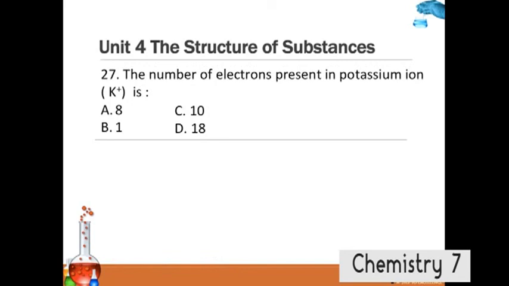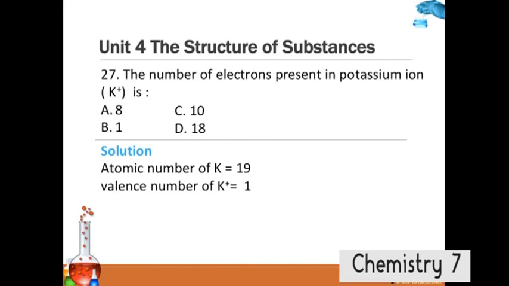The number of electrons present in potassium ion, K+, is 1, 10, 19, or 18? The atomic number of potassium is 19.